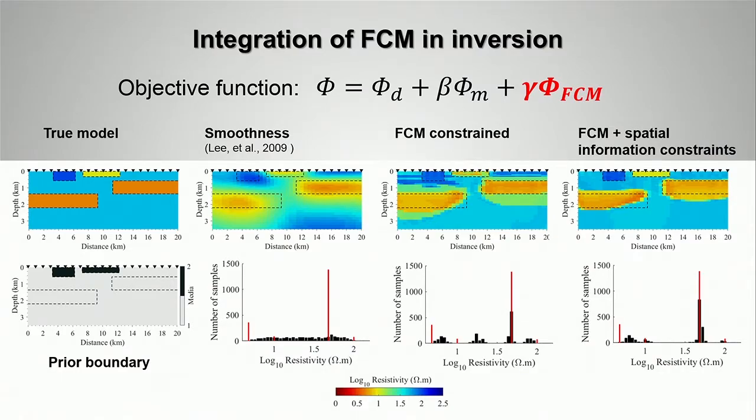So we can include this feature together with the resistivity of the models into the cluster process, and we can get this result. The inverted model nicely fits with the true model, and the distribution of resistivity is closer to the real model. So in this synthetic example, we can learn 2 things.